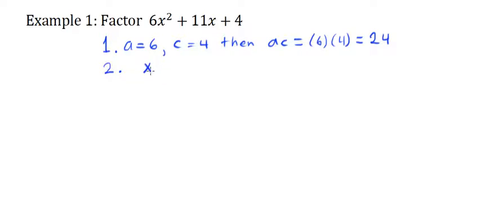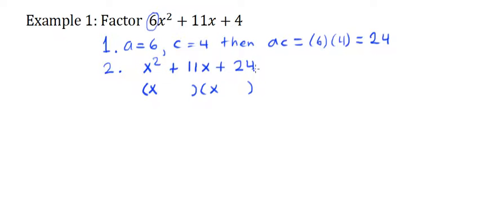Step 2. We are going to help ourselves out by constructing this polynomial: x squared. We drop this number 6 for a moment, plus 11x, plus we trade this 4 for this number 24. And now we factor this polynomial. x squared plus 11x plus 24 factors as the multiplication of binomials starting with x.